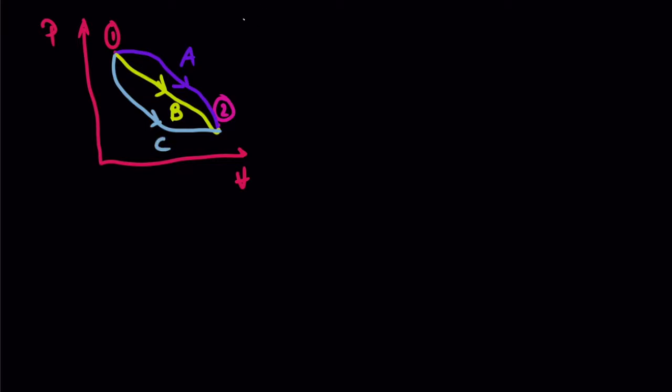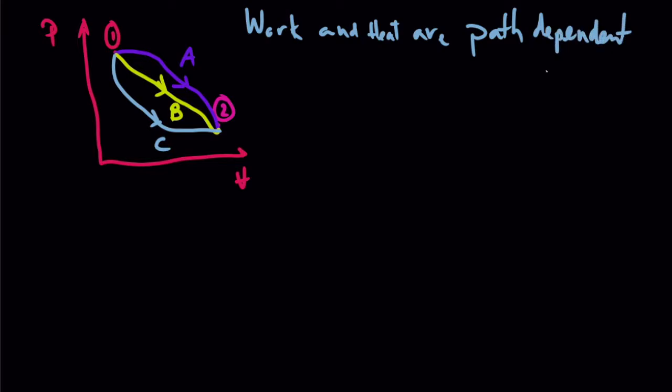Okay, so work is path specific. Let me write that out. Work and heat are path dependent properties. So let's assume we know that the area under the curves here is work. That would be the area from 1 to 2, but it's dependent on the path we take.